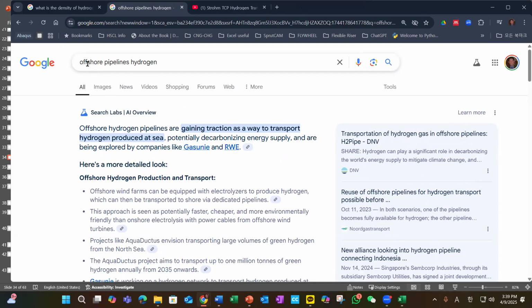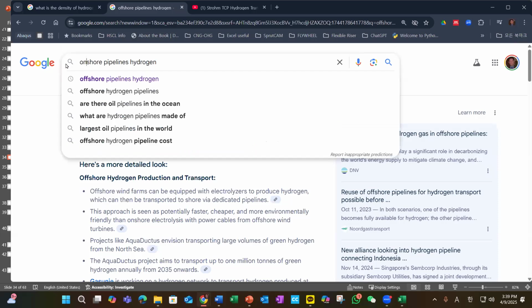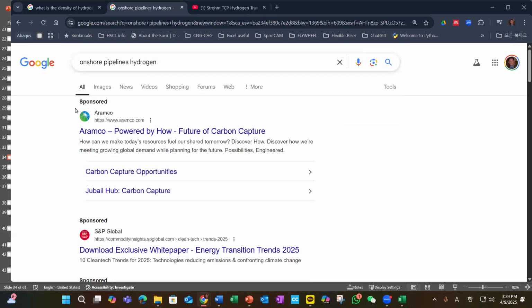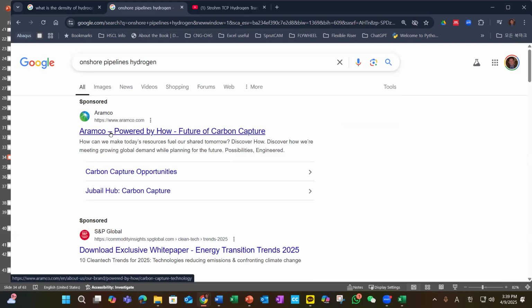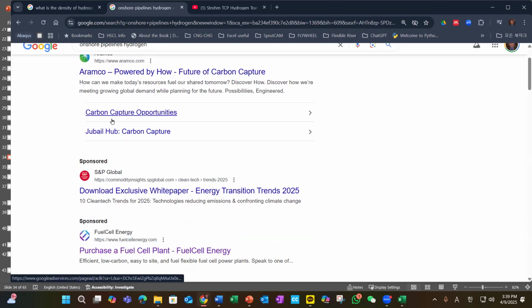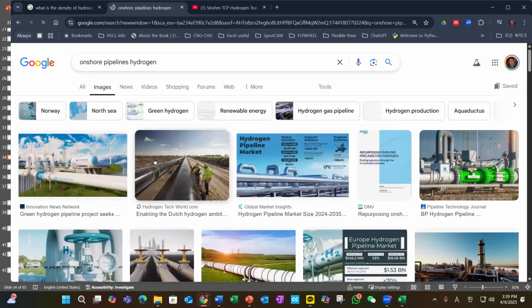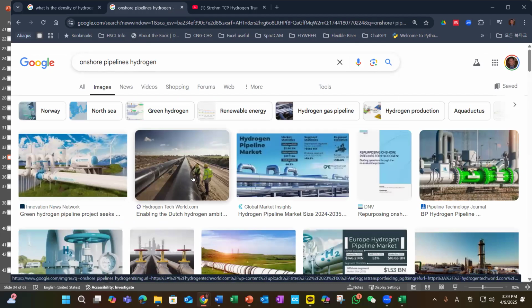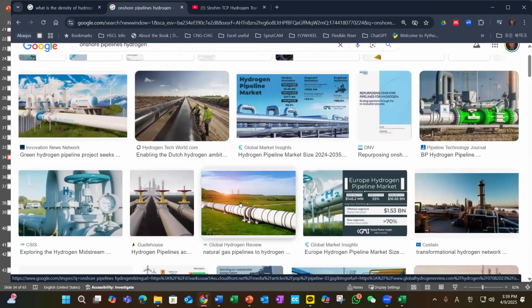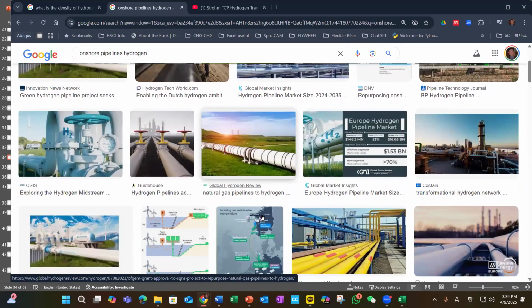And also you can certainly find onshore hydrogen pipelines. Aramco is one of the biggest companies, and they also work on these types of hydrogen pipeline systems. Anyhow, you can see a lot of images. This is onshore, where all the pipelines are for the purpose of transporting hydrogen gas.